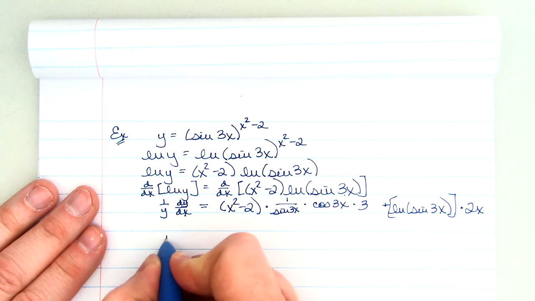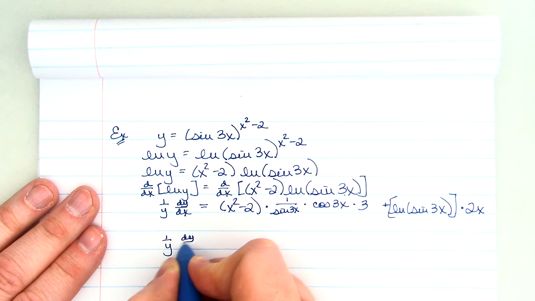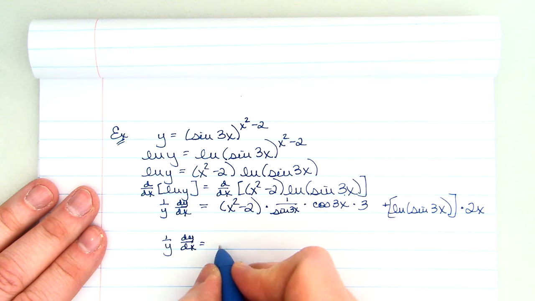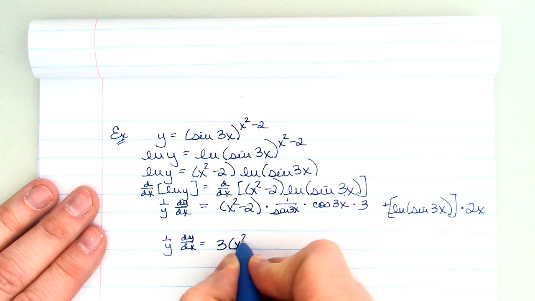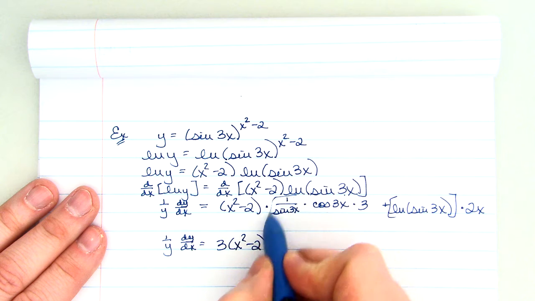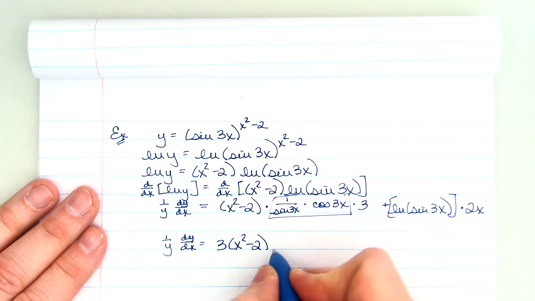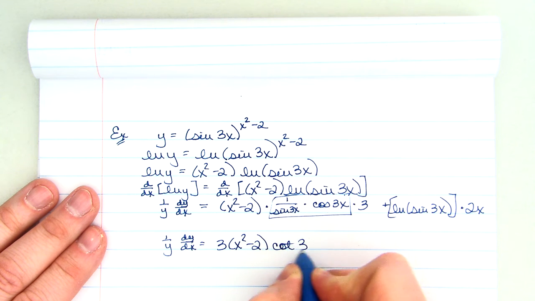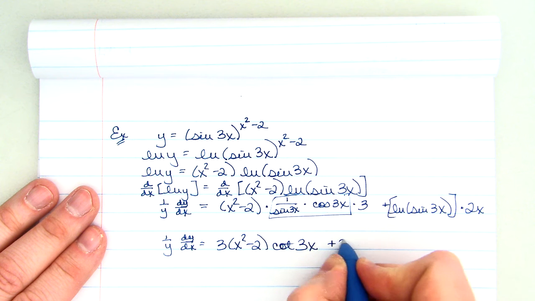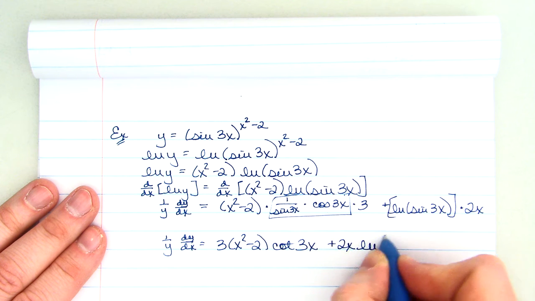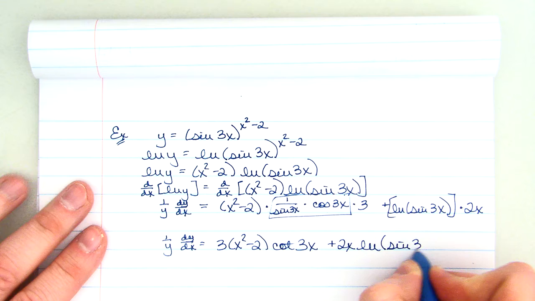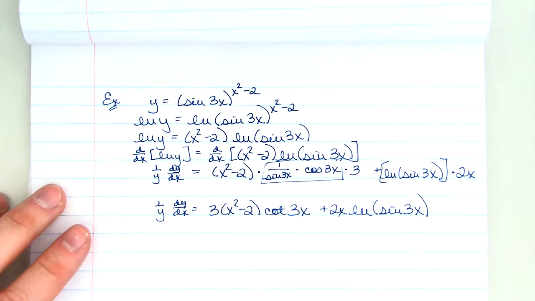Let me do some cleaning up. 1 over y dy/dx equals, how about we say 3 times (x squared minus 2). I can make that a little nicer. Cosine over sine will give me a cotangent, so cotangent of 3x plus 2x times the natural log of the sine of 3x.